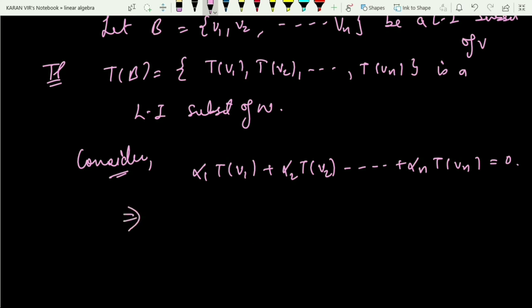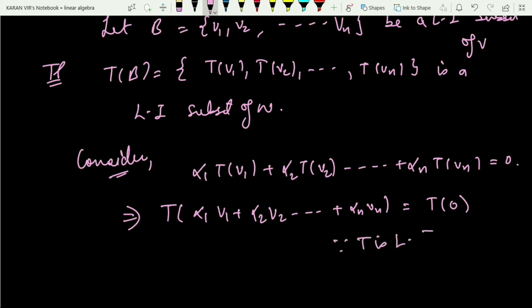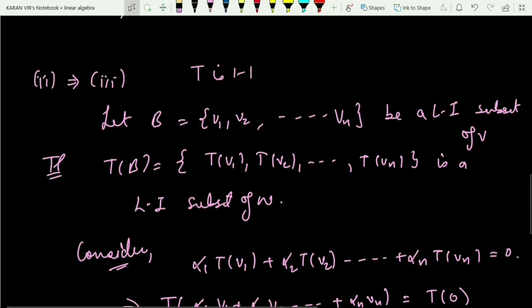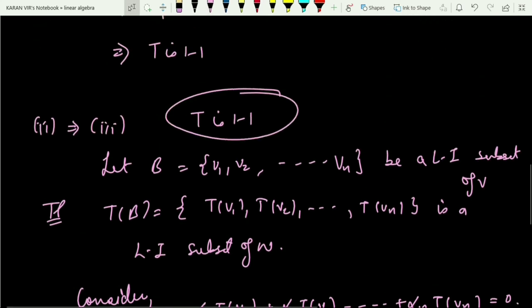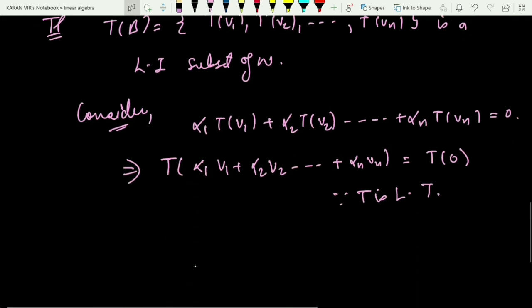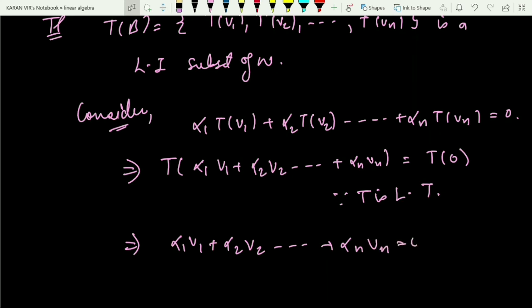Now since T is a linear transformation, can I say this is T of alpha 1 V1 plus alpha 2 V2 up till so on to alpha n Vn, and 0 can be written as T of 0 because T is a linear transformation. Now you have to use the fact that T is 1-1. So if two images are equal, it means the elements have to be equal. So that fact you have used up here, because T is 1-1.